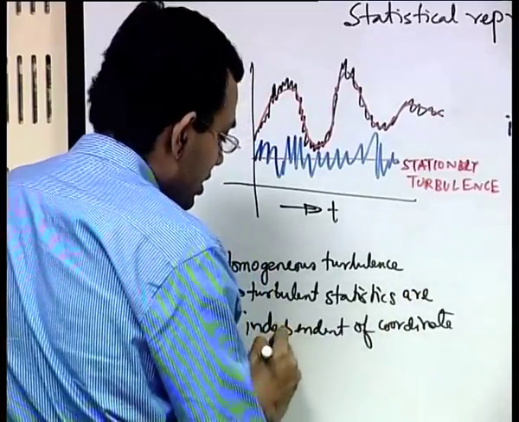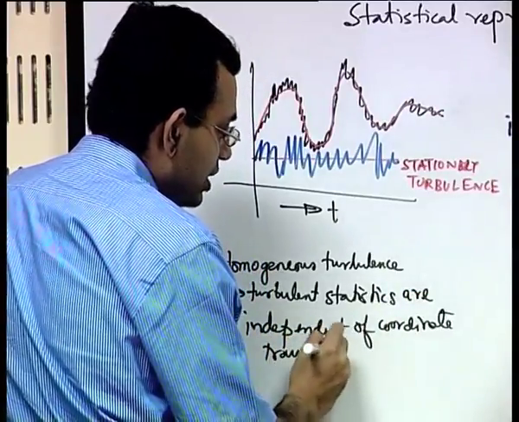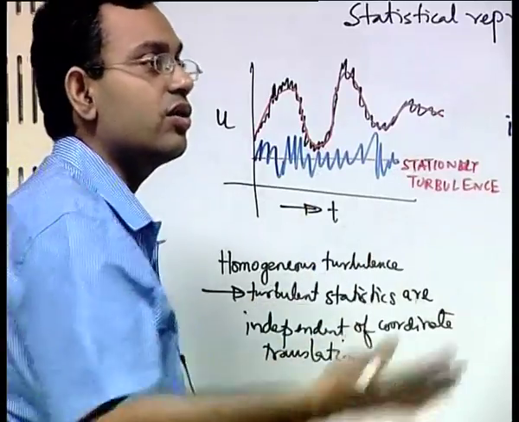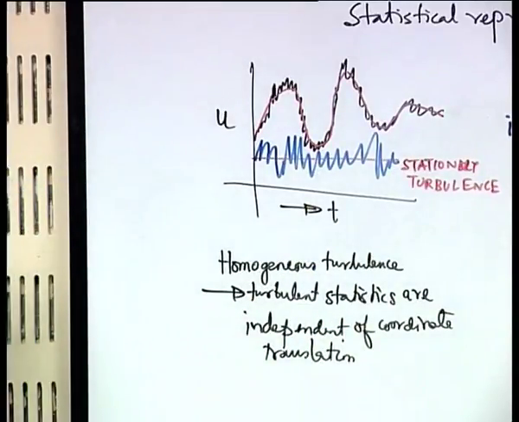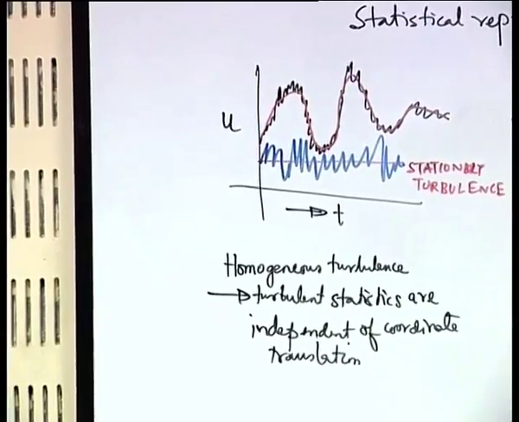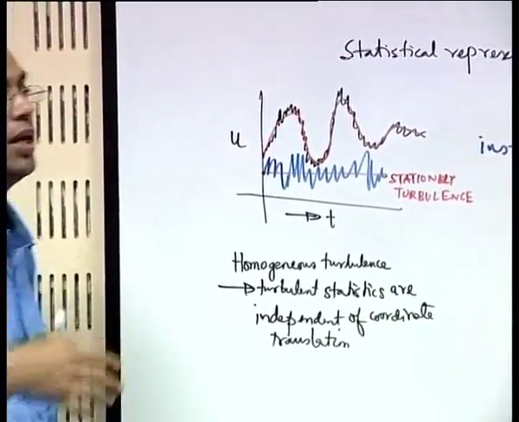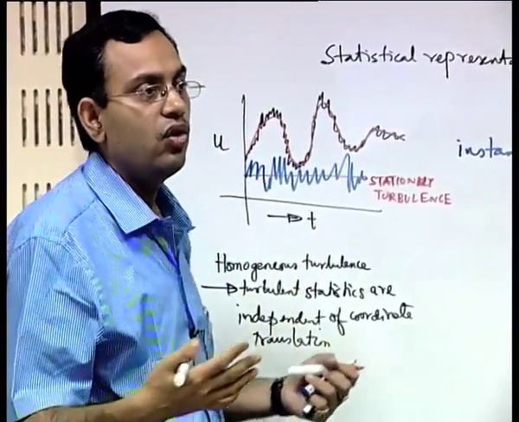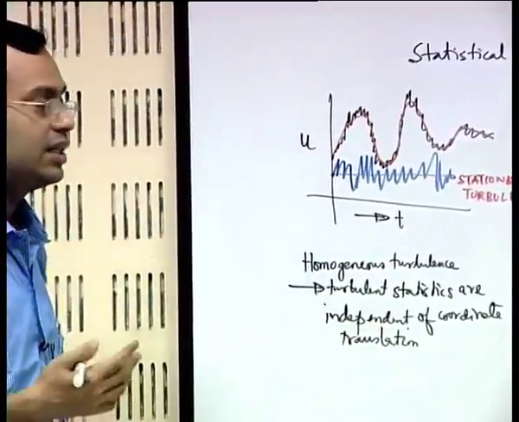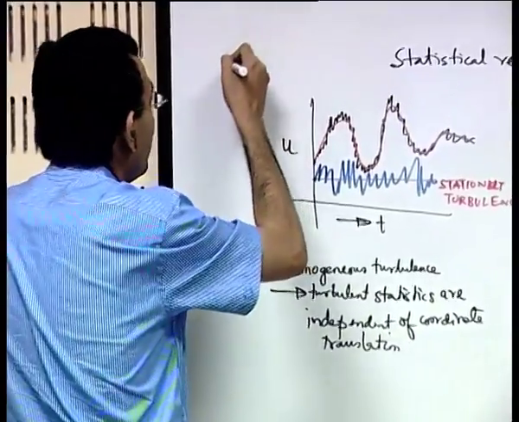That means, in other words, they are position independent. That is why if you translate the coordinate, you will get the same turbulent statistics. By turbulent statistics, you may mean the RMS or the mean like this. So, how do you evaluate the RMS?